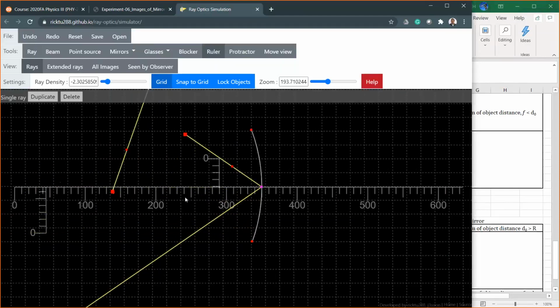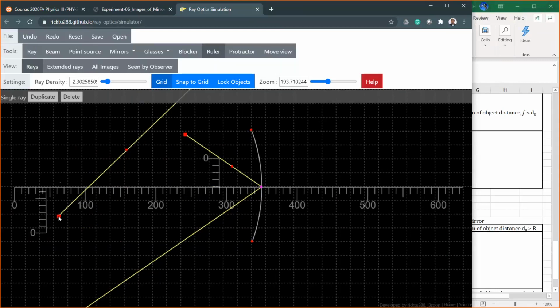Now I need to identify the center of curvature location. Earlier the focal point was 11.5, which means the center of curvature point should be at about 22 of this segment, right? So 5, 10, 15, 20, 22, this line right here.